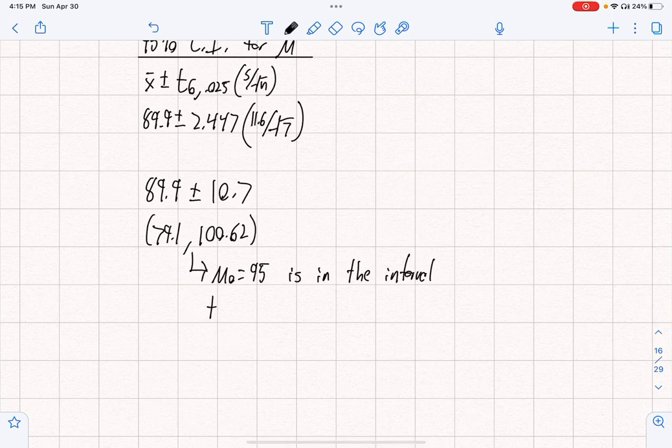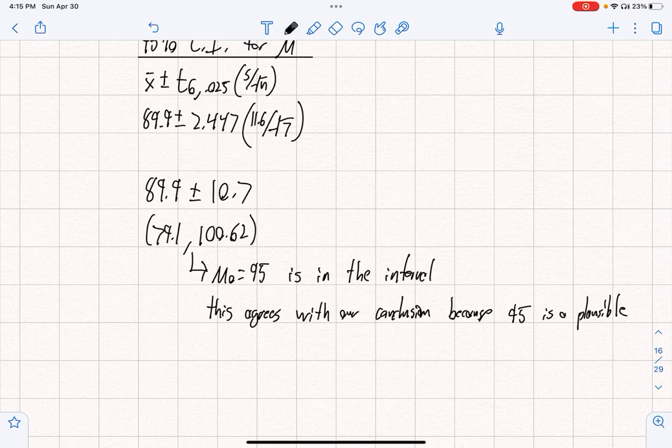So this agrees with our conclusion because 95 is a plausible value for mu.